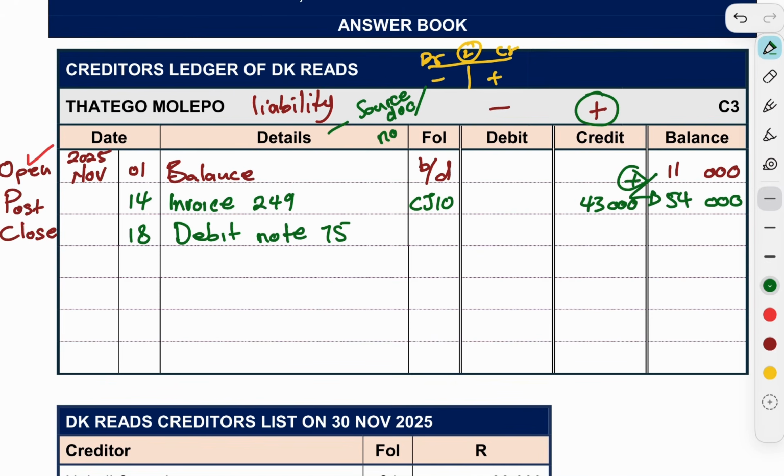We record the name of the document as well as the invoice number or the debit note number. From which journal are we getting this information? It's going to be CAJ number 10, the reference number of the CAJ.